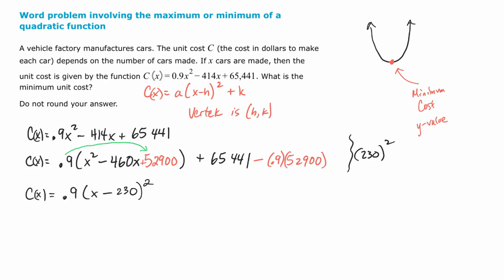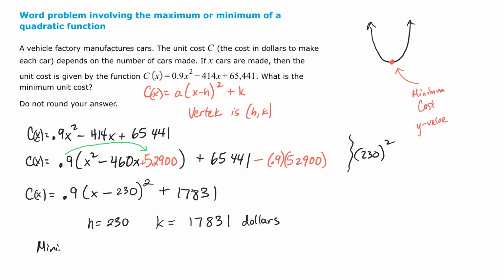And we get this number, plus 17,831. Now, what do we have? We have h, which is 230 cars. And we also have the minimum cost, which is k, which is $17,831.